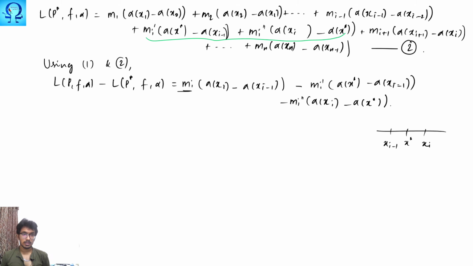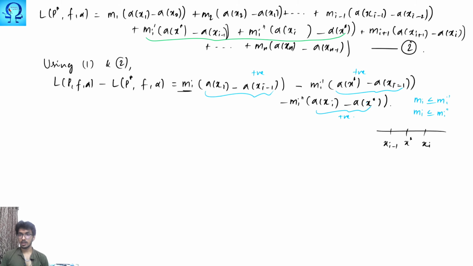This quantity, the terms inside these brackets, these quantities are positive quantities. Okay, and the ideology that I told is mi is always smaller than that of mi prime, and mi is smaller than that of mi double prime.